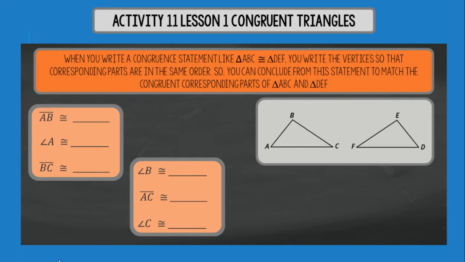Not ED, DE. So AB is congruent to DE because they're in the same place. That's what corresponding means. So when I say angle A is congruent to what angle on the other triangle? D.